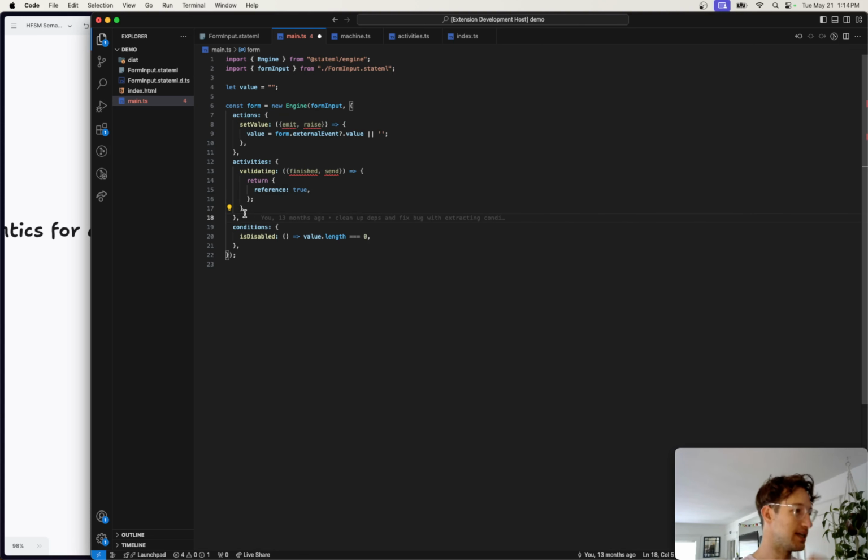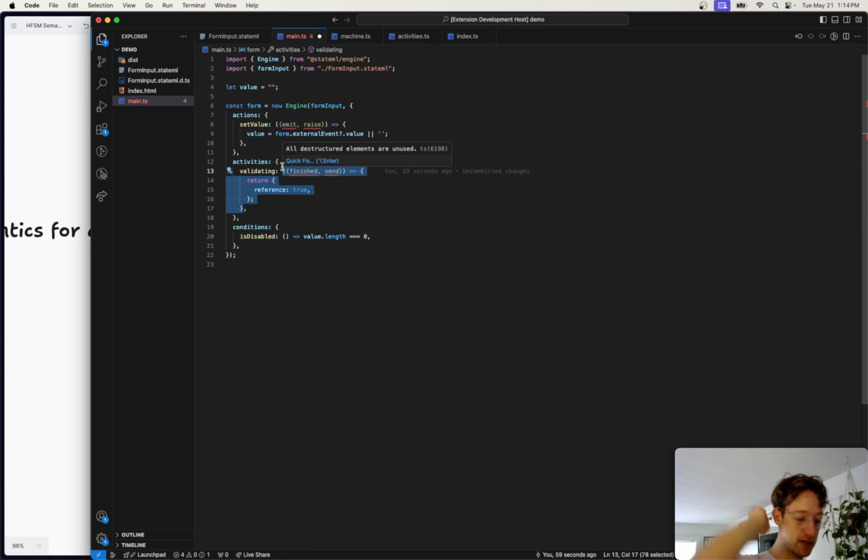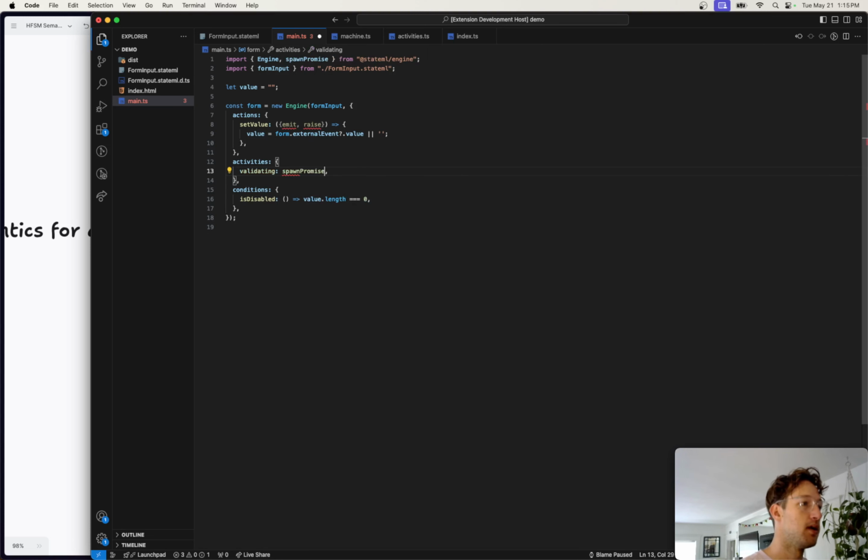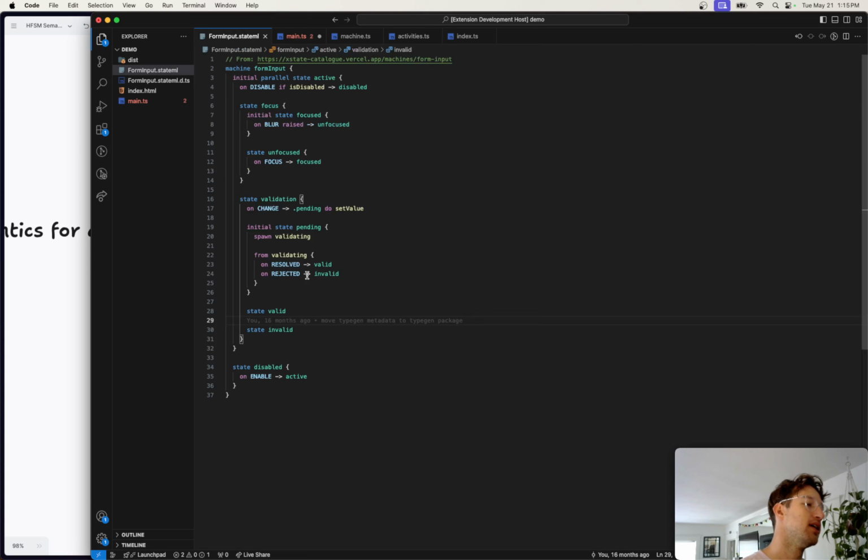So what's cool is we could easily create utility functions that abstract away this logic. So let's say we want to spawn a promise. We could just bring in the spawn promise helper, and maybe we just promise that resolve true, for example. Or I think how the logic works here is, if the promise resolves, then it's valid.